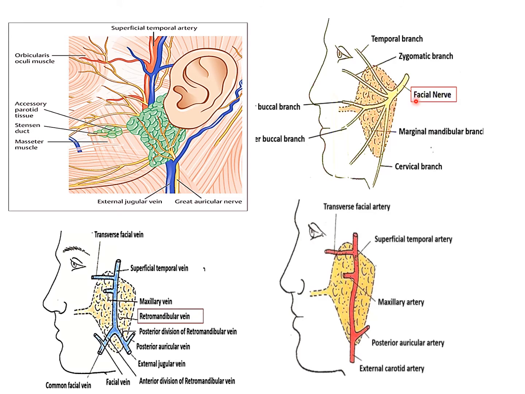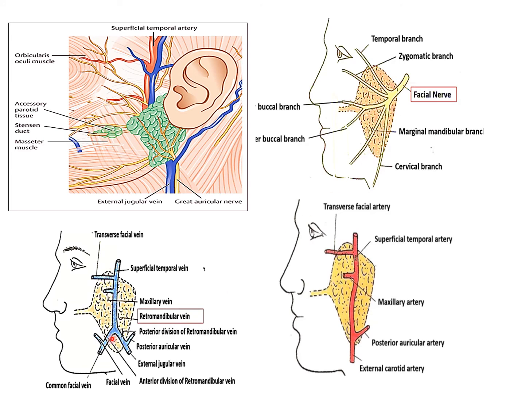It enters the gland through the posteromedial surface and divides into 5 terminal branches. Those are the temporal branch, the zygomatic, the buccal, further dividing into upper buccal and lower buccal, the marginal mandibular, and the cervical branch. The terminal branches of the facial nerve leave the gland through the anteromedial surface and emerge along the anterior border of the parotid gland.